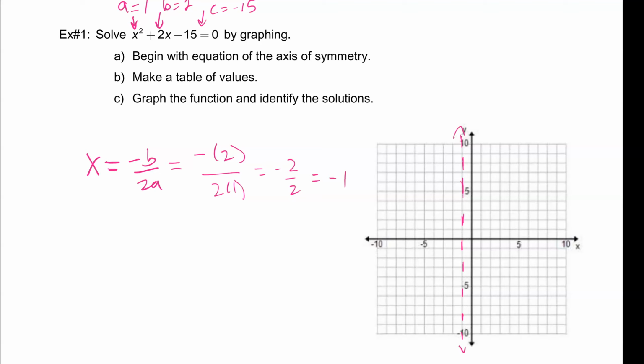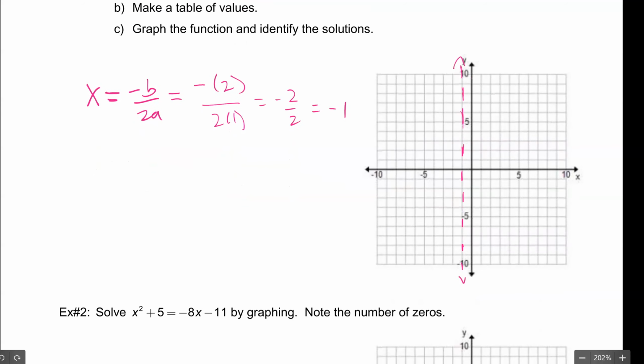It's literally going to be mirror images of each other. They're going to look the same. If I am 1 unit to the right of the axis of symmetry, it will have the same y value as 1 unit to the left of the axis of symmetry. Symmetric.